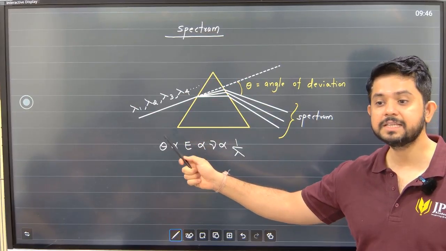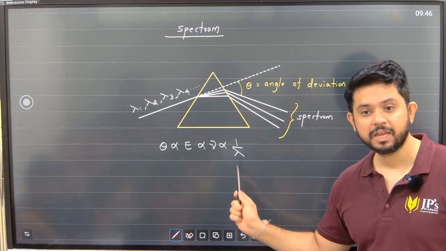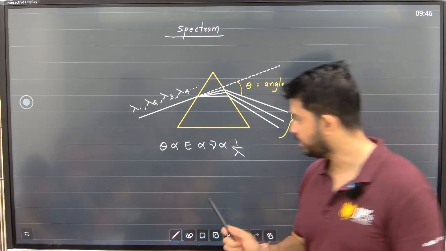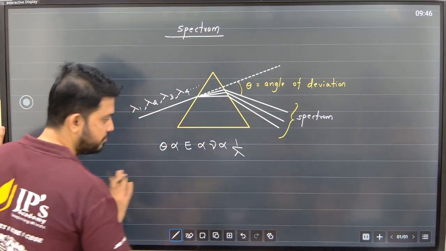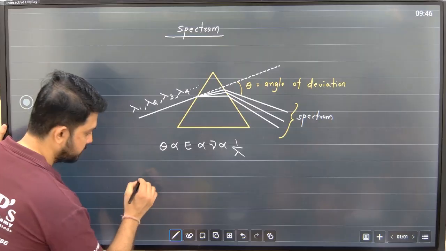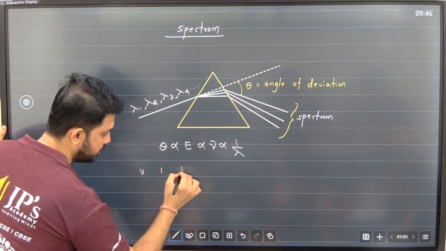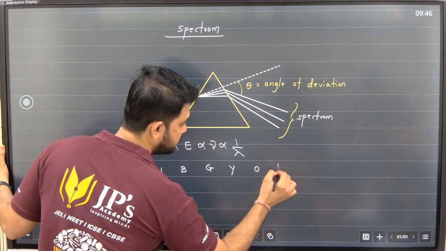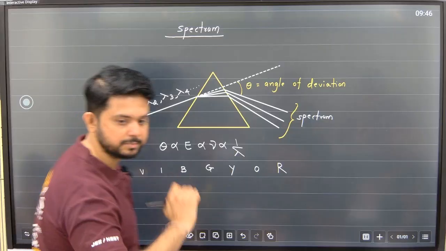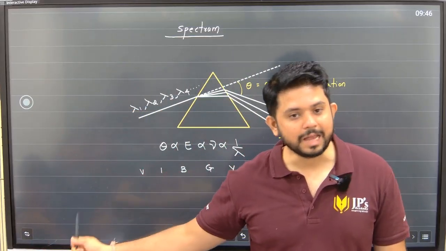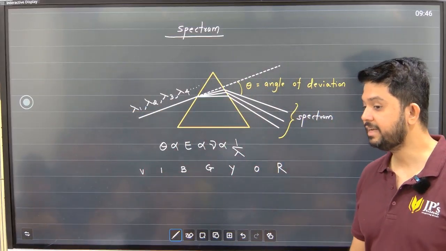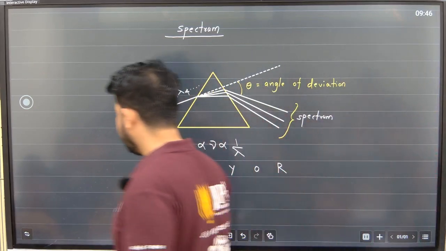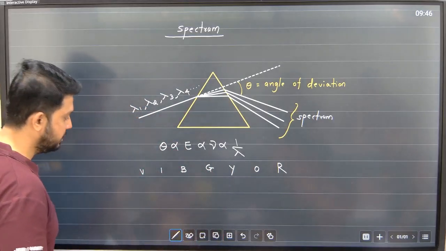Getting that? So which light will have the maximum angle of deviation? The one which has the minimum wavelength. I don't know if you're getting that. For example, we wrote visible light ka spectrum, VIBGYOR. When we were doing wave nature, we wrote about the electromagnetic spectrum. What was lambda for violet color? 3800, 3600.